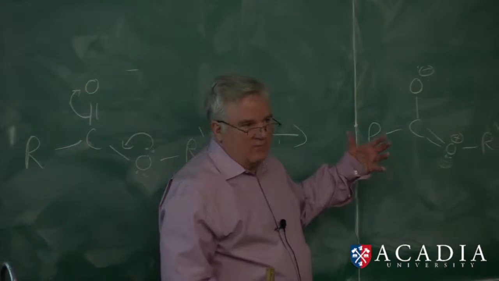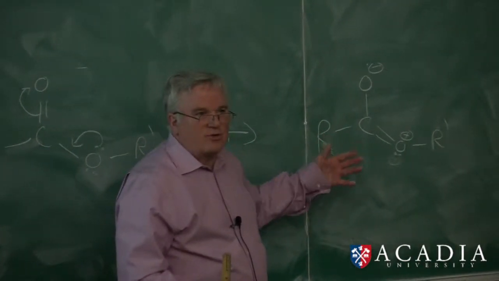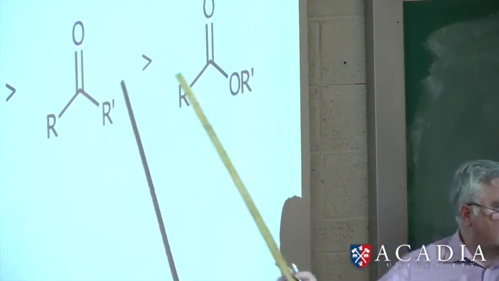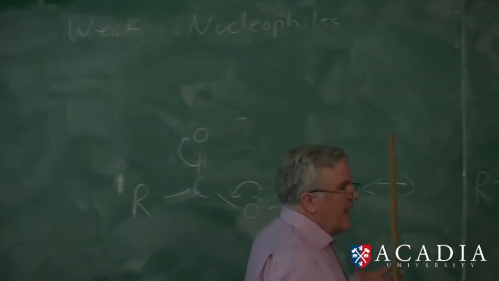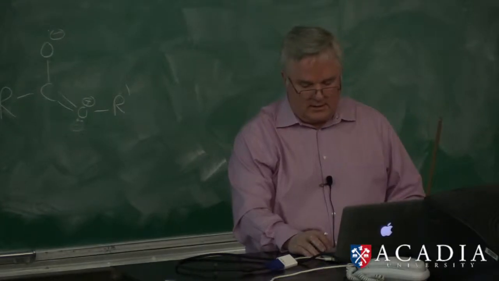So esters, for electronic reasons, as well as steric, are less reactive even than ketones. So the carbonyl group in an ester is less reactive than the carbonyl group in a ketone.